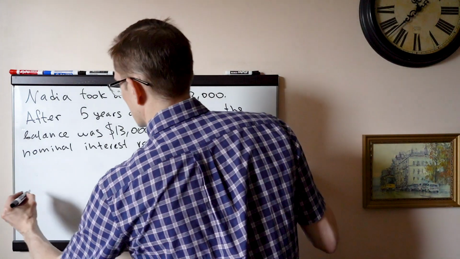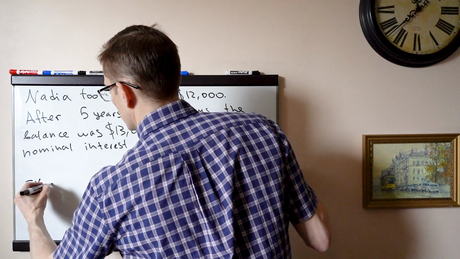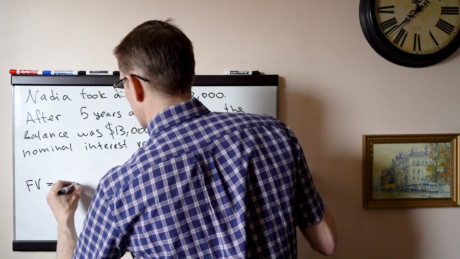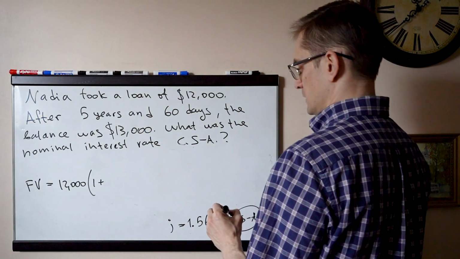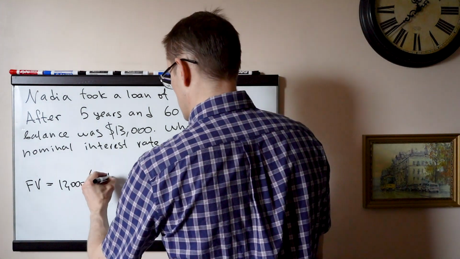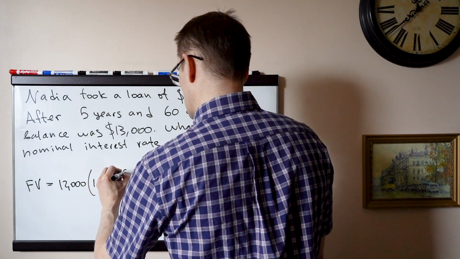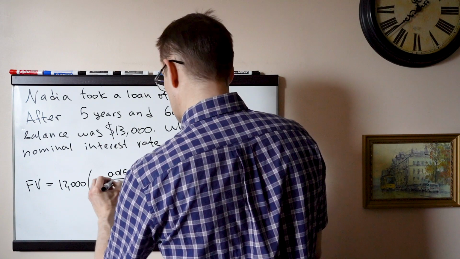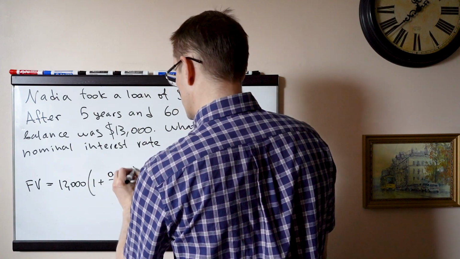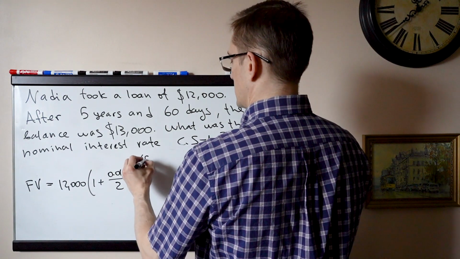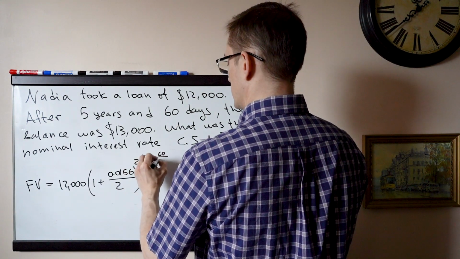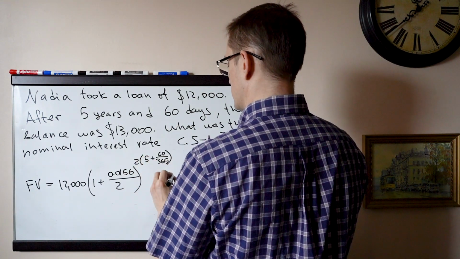So we'll find the future value, which is 12,000 times 1 plus 0.0156 divided by 2, raised to 2 times 5 plus 60 over 365.